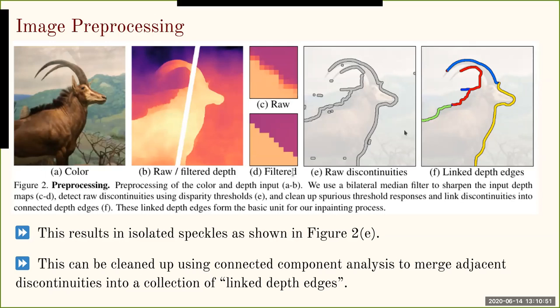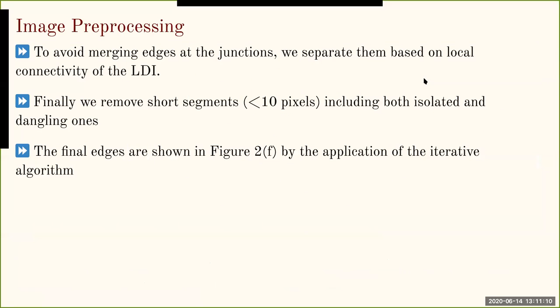So all those methods support this 3D inpainting method. This can be cleaned up using connected component analysis to merge adjacent discontinuities into a collection of linked depth edges. After this, we link those edges and create a layered image.